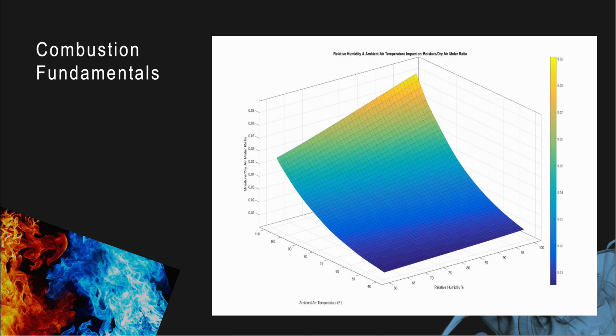It basically tells you the water to dry air molar ratio. And as you can see, as the ambient air temperature goes high and the relative humidity goes high, there is a significant amount of water in your combustion air, and it's an exponential jump.